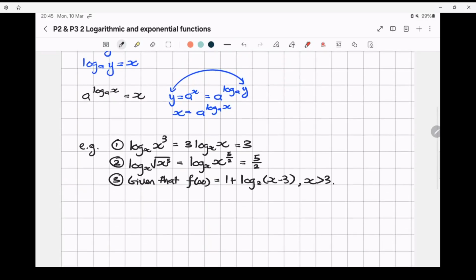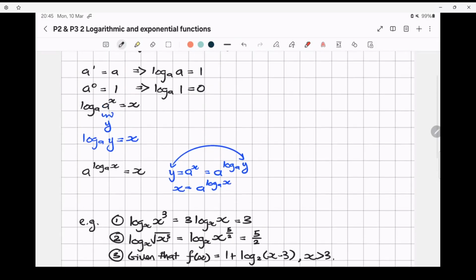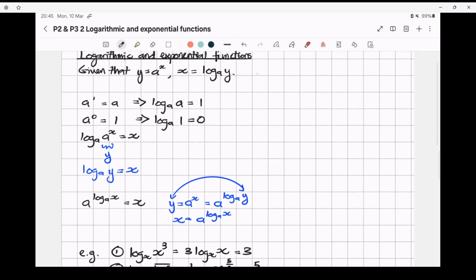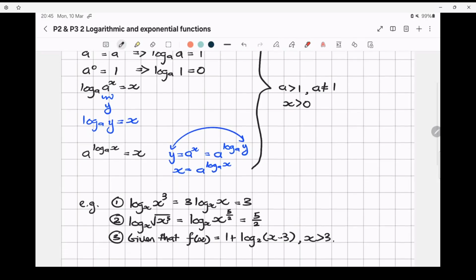By the way, I forgot to mention, for all these definitions of logarithm, there are very specific conditions. Your a has to be greater than 1, but it cannot be equal to 1, and your x has to be greater than 0. So these are the domain for your logarithm.